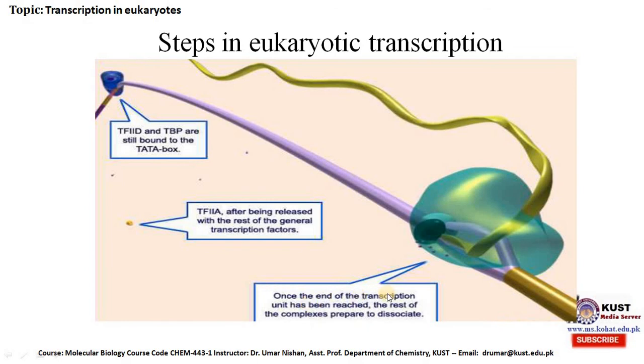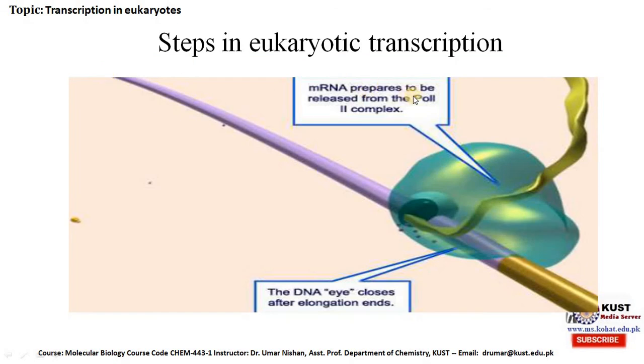So once the end of the transcription unit has been reached, the rest of the complex dissociates. TF2D and TBP are still bound to the TATA box. mRNA prepares to be released from the pol 2 complex.